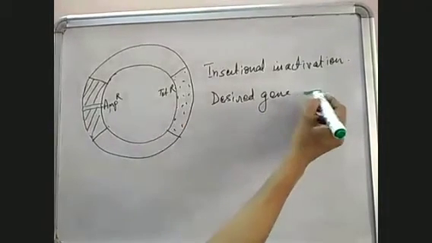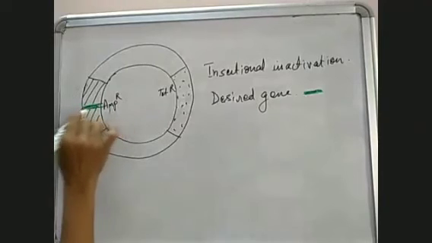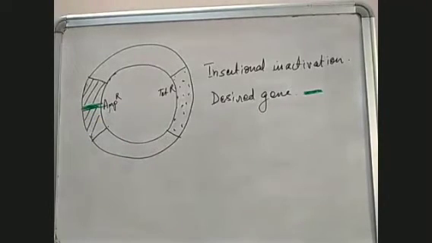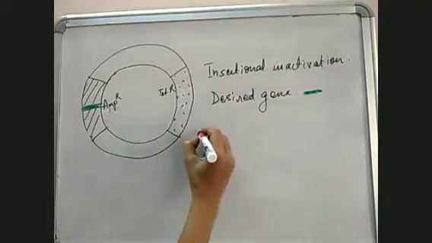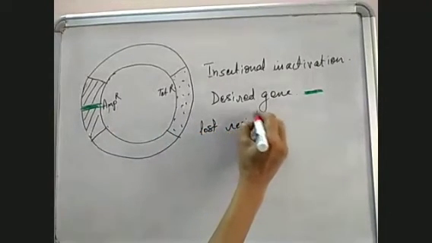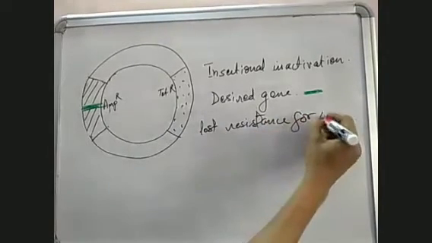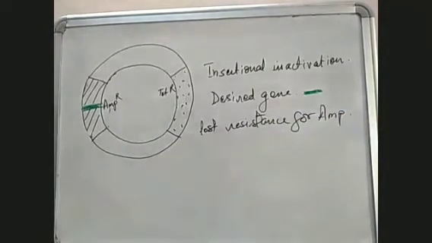Now, because this desired gene has been inserted in ampicillin resistance, this plasmid has lost resistance for ampicillin. That means the resistance for ampicillin has been lost.